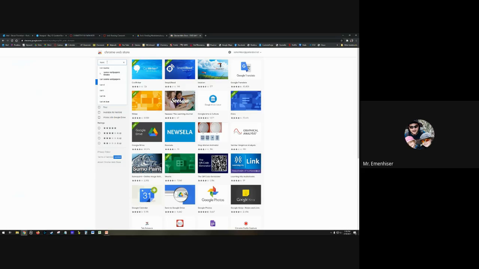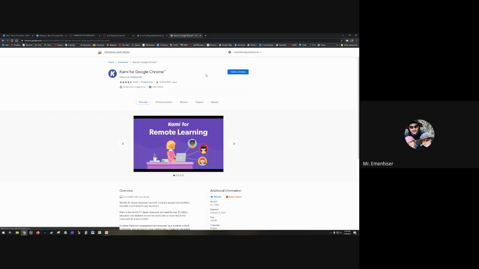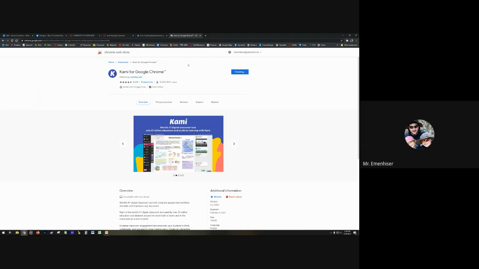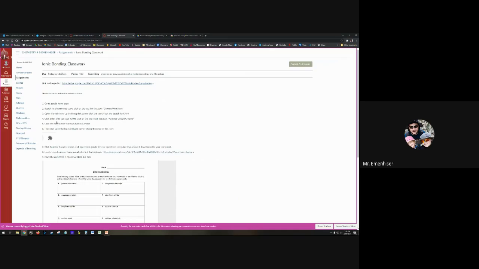You can click on it or click enter, and it's going to be this one, purple, Cami for Google Chrome. We're going to click add to Chrome. It's going to ask you to add extension. It says checking, and then it says it's been added, and now it's up here. So that's our first step.